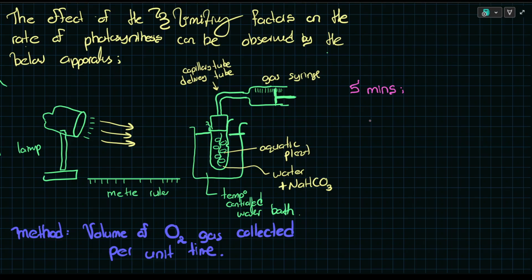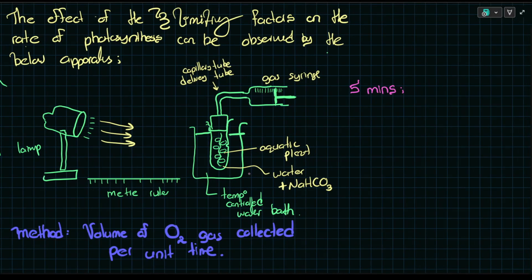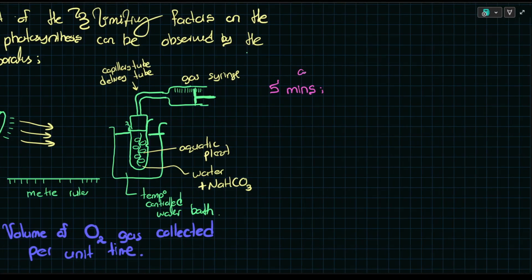Say I'm keeping this for 5 minutes at light intensity 3. Light intensity 3 is marked right over here, 1, 2, 3.